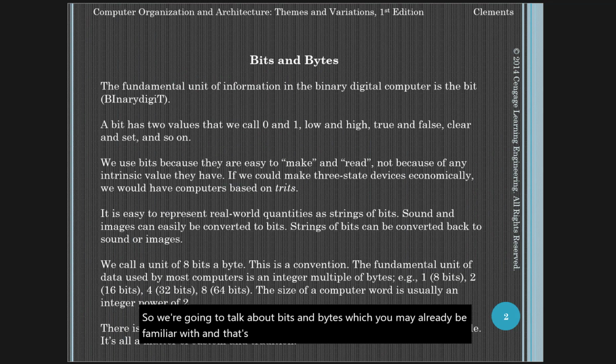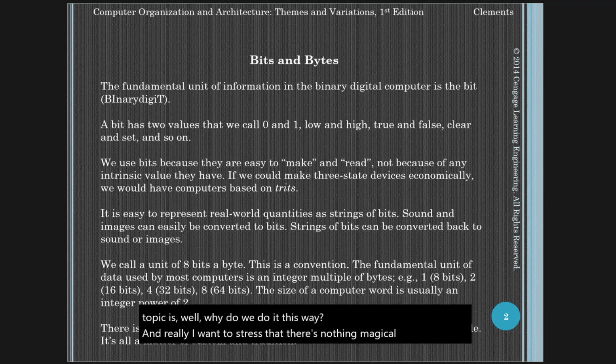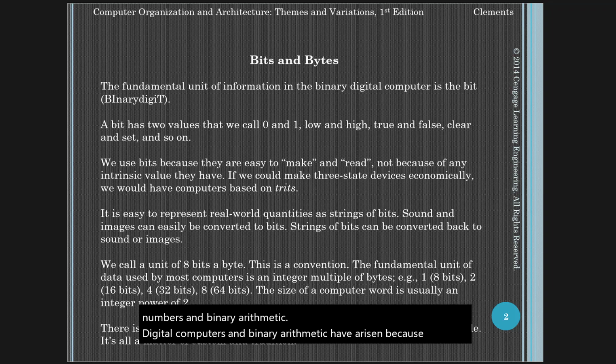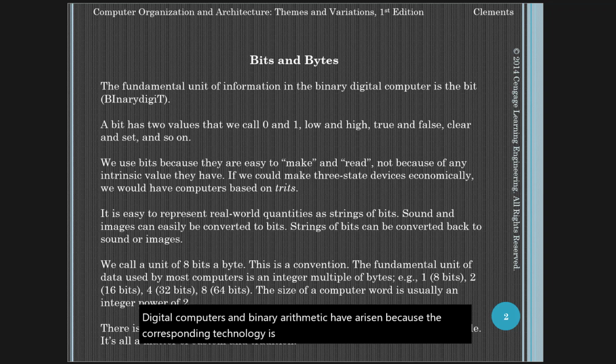Before I really dig into this, though, I want to stress the biggest question I usually get when discussing this topic is, well, why do we do it this way? And really, I want to stress that there's nothing magical about binary numbers and binary arithmetic. Digital computers and binary arithmetic have arisen because the corresponding technology is cost-effective to produce.